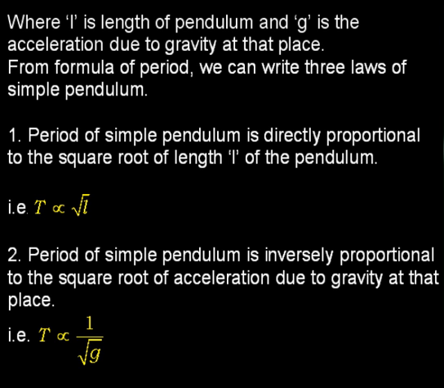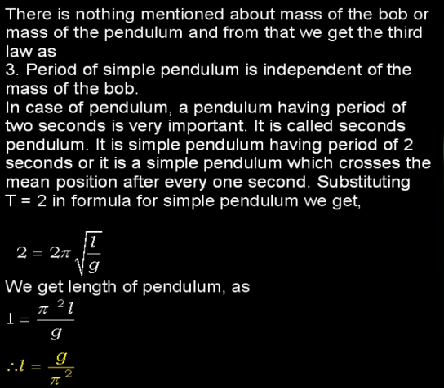From the formula of period, we can write three laws of simple pendulum. The first one: period of simple pendulum is directly proportional to square root of length L of the pendulum, that is T proportional to under root L. Second one: period of simple pendulum is inversely proportional to the square root of acceleration due to gravity at that place, that is T proportional to 1 upon under root g.